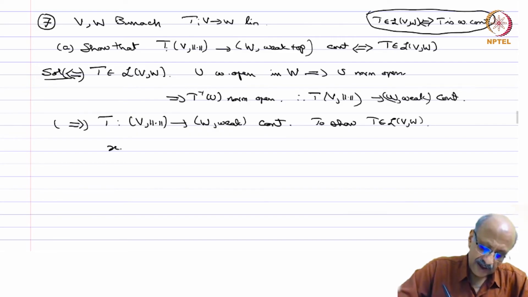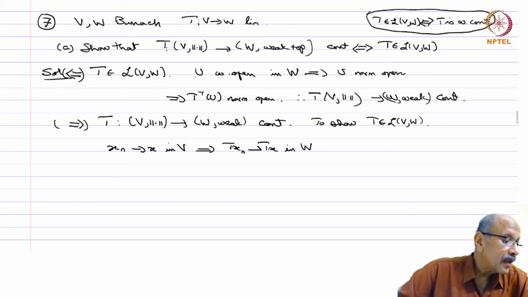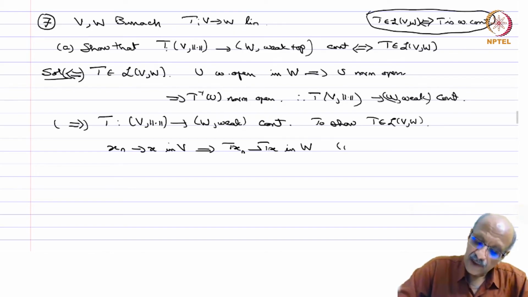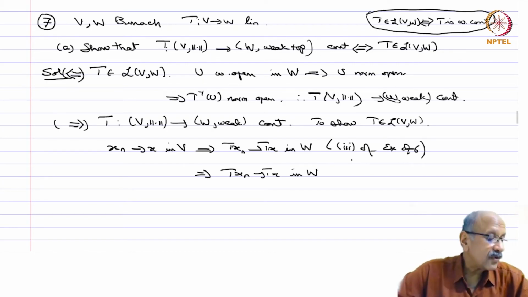So let us take Xn converge to X in V. Then T is continuous, therefore implies that Txn weakly converges to Tx in W. And this is precisely statement 3 of exercise 6. And therefore that implies statement 1. So Txn goes to Tx in W by the closed graph theorem. That's what we saw, and therefore this implies T belongs to L(V,W).